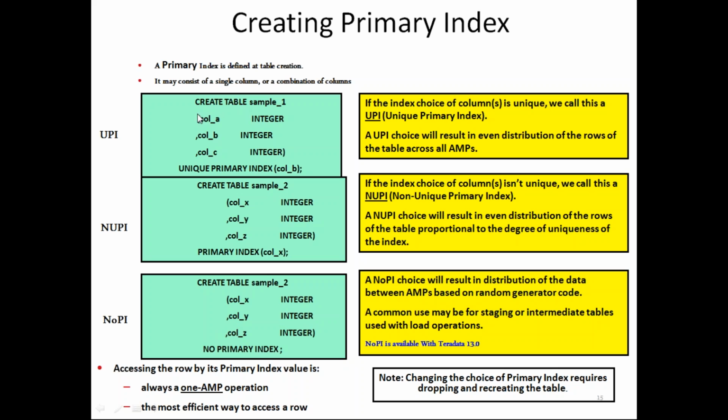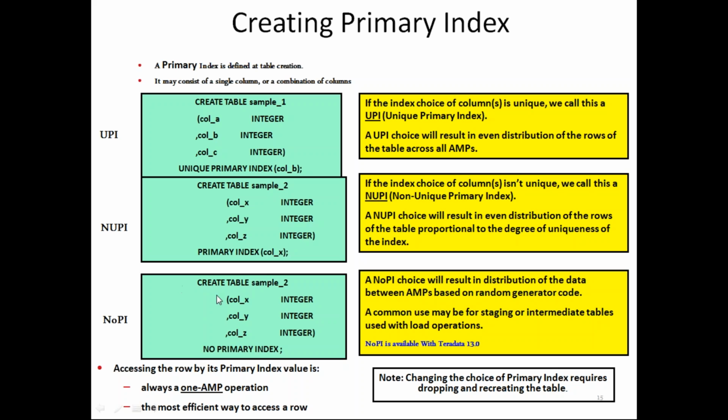But here, as of now, there is a unique primary index. We can choose a column B as unique primary index here. That means this index won't allow duplicates in column B. And we have a NUPI, non-unique primary index, on column X. That means it can allow duplicates in column X. And then we have the no primary index.